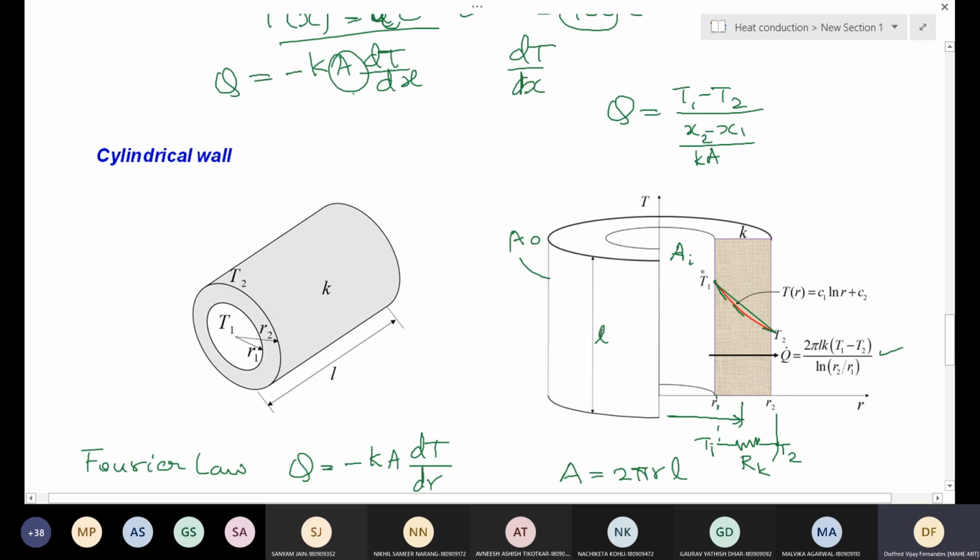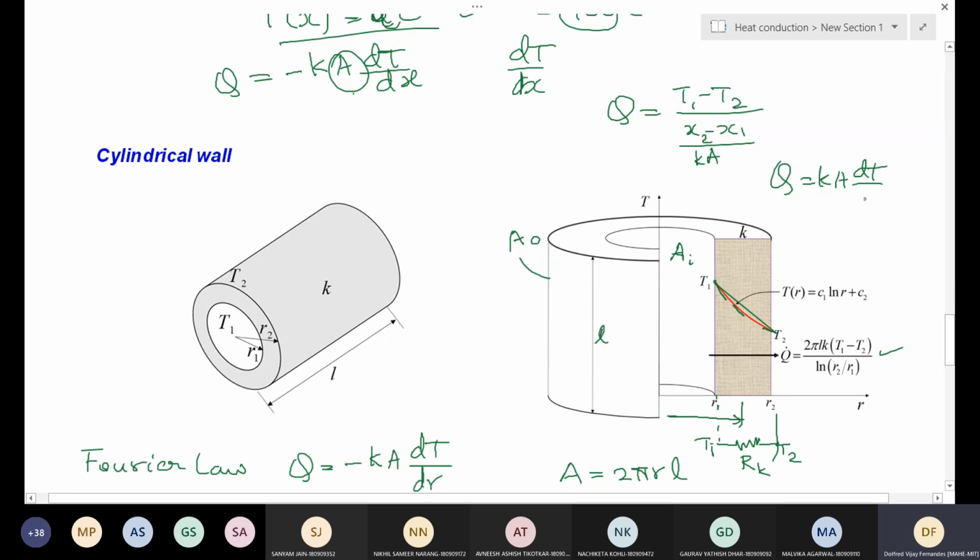If you are considering 1 meter square inner area, then area is gone. So the only parameter that decides the rate of heat transfer is dT by dr and dT by dx. Yes, sir.